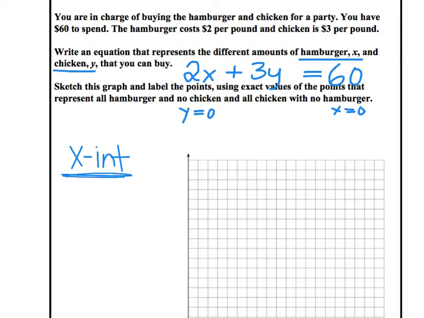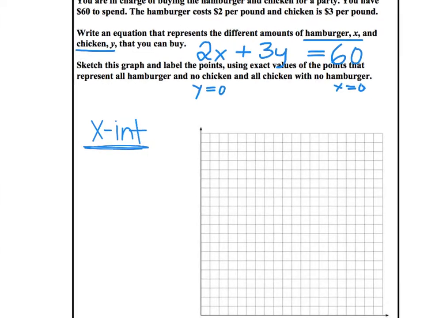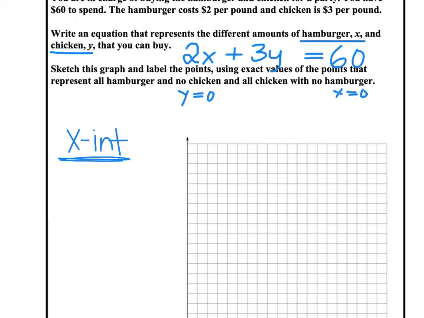I'll do your work out to the side. Make sure you leave room for both. Our equation is 2x plus 3y equals 60, so x-intercept would be when y is equal to 0. So 2x plus 3 times 0 equals 60. The 0 times 3 cancels out, and you're left with 2x equals 60.